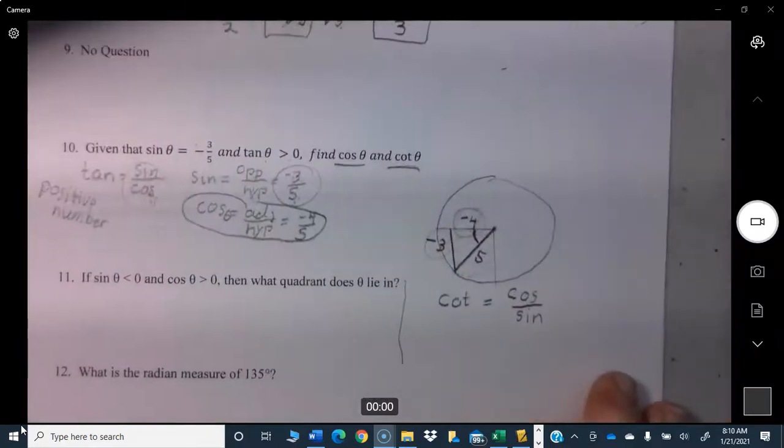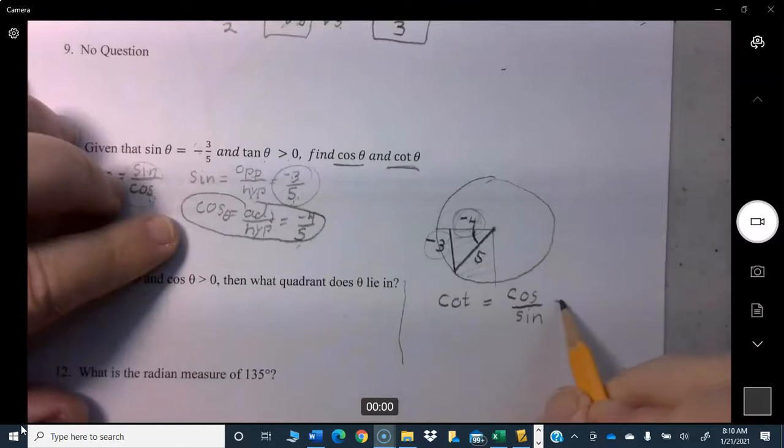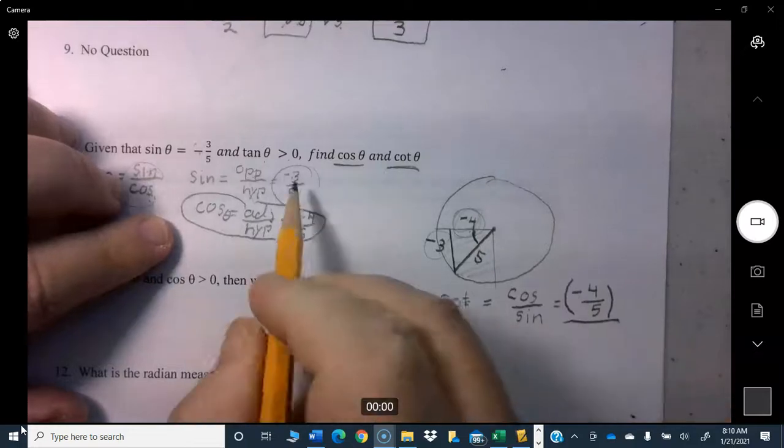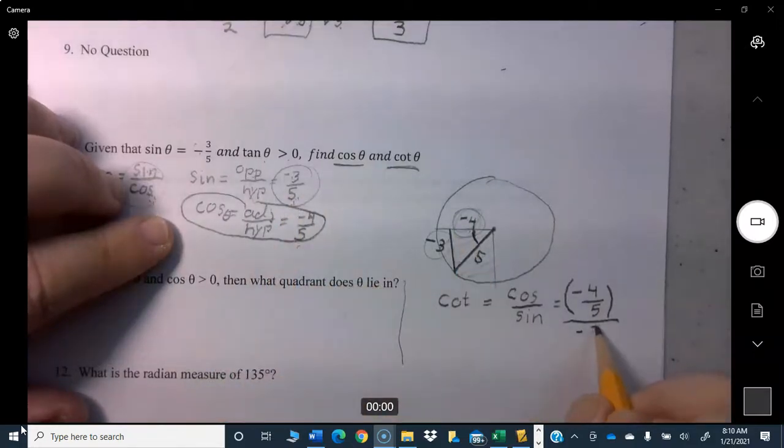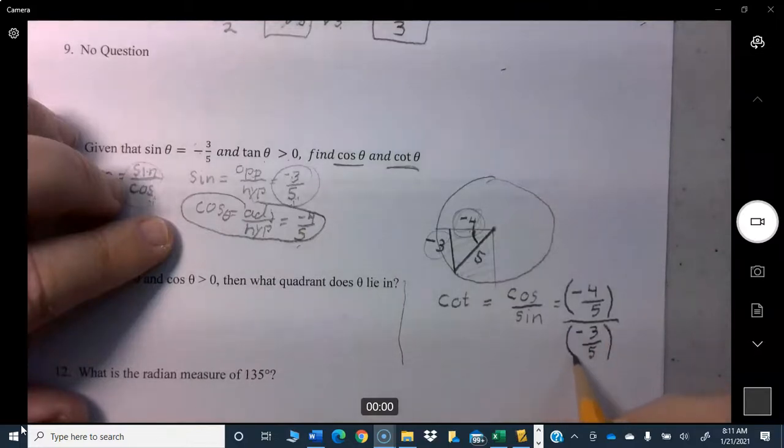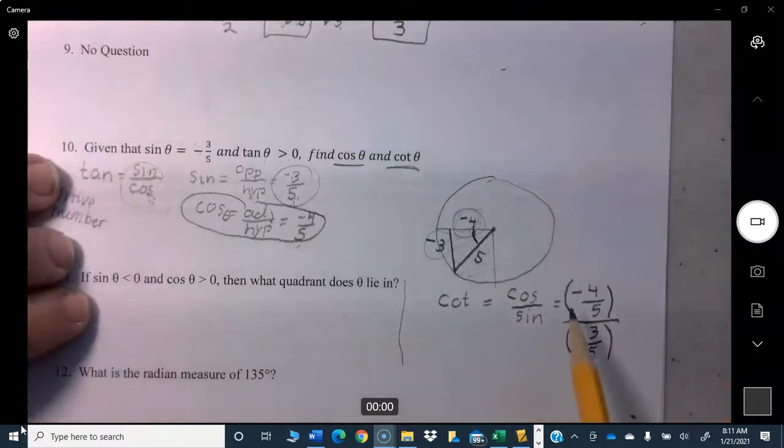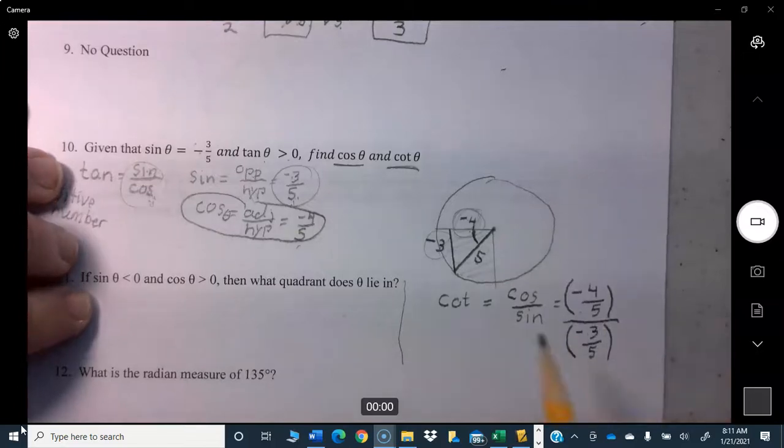All right, well, we know our cosine is -4 over 5. And the sine is -3 over 5. Okay, so you have a fraction over a fraction, and once upon a time you learned how to divide that.